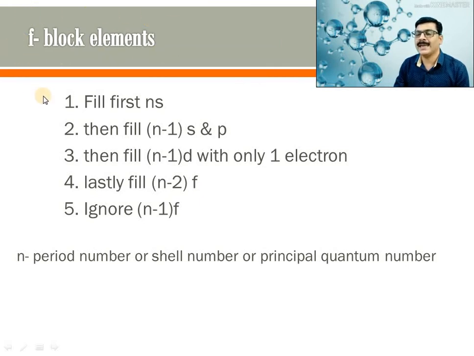And for writing the shell electronic configuration for an f block element, you have to remember here 5 things. First thing is, first fill up the ns.